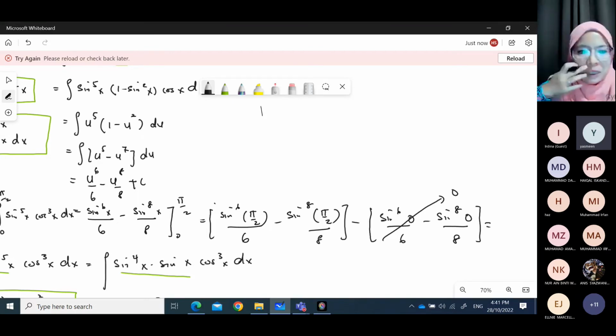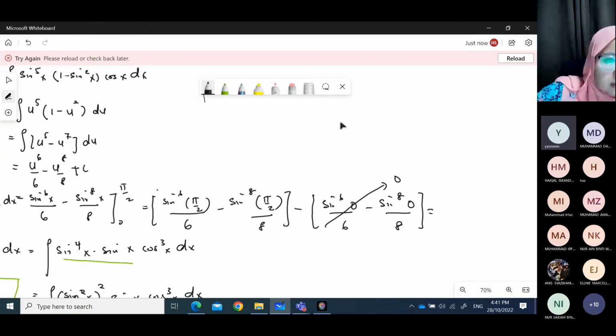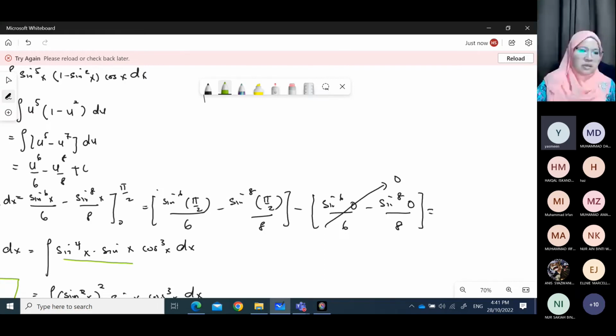So yang ni dapat berapa? 1 over 6 minus 1 over 8. Betul tak? Dapat berapa kat situ?